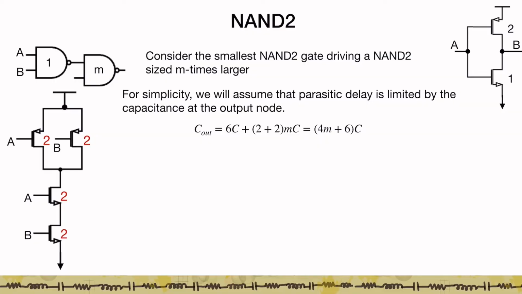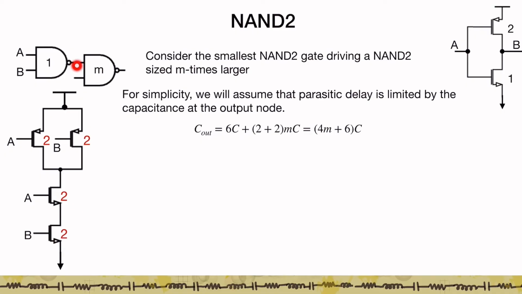And to keep our analysis simple, we'll assume that the parasitic delay at this node is completely dominated only by whatever is the parasitic capacitance at the output node. That is, I won't worry about the capacitance at the stacked node.